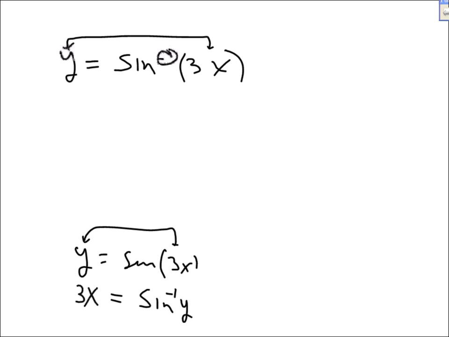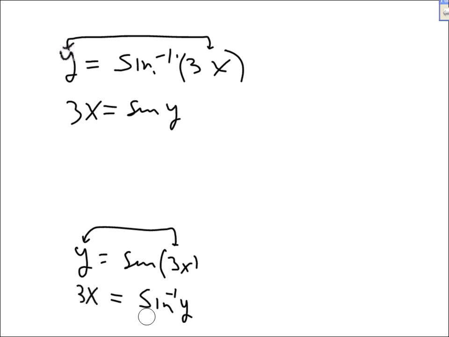In our case, on top, the inverse symbol was there, so we get rid of it. We undo the inverse. We say that 3x is sine y. And that's not a very hard step.